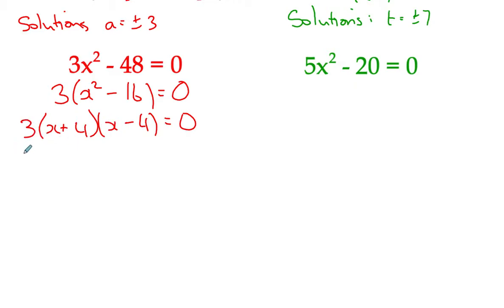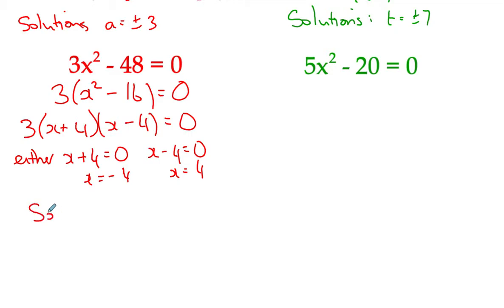So x plus 4 could be 0, or x minus 4 could be 0, but 3 could never be 0. Solve them. x equals negative 4 and x equals positive 4. Again, we've got same values, different signs. So our solutions are x equals positive or negative 4.